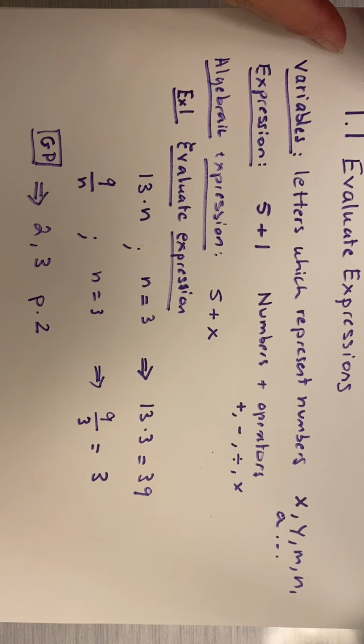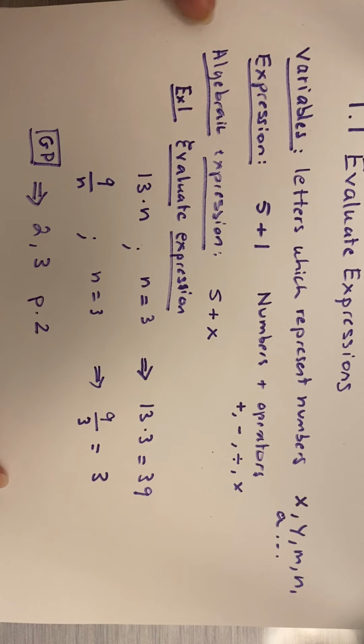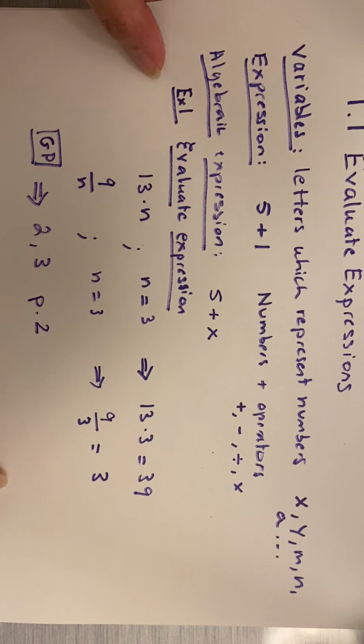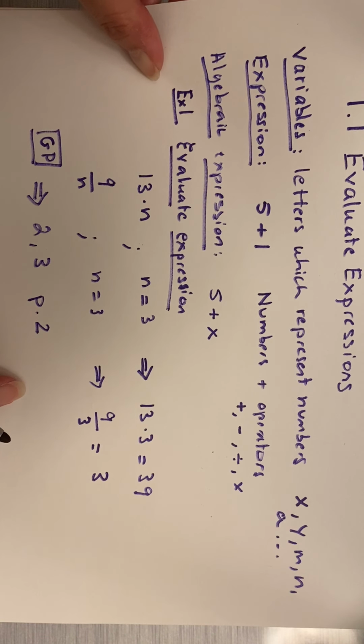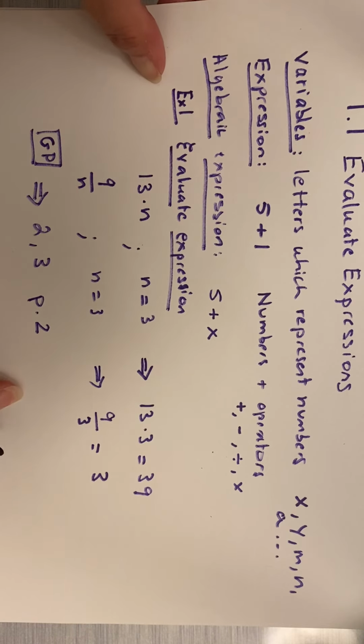Next, I'm going to go on to example 2. So you could pause now and do these and then start up the video in a minute as I go on to the next example.